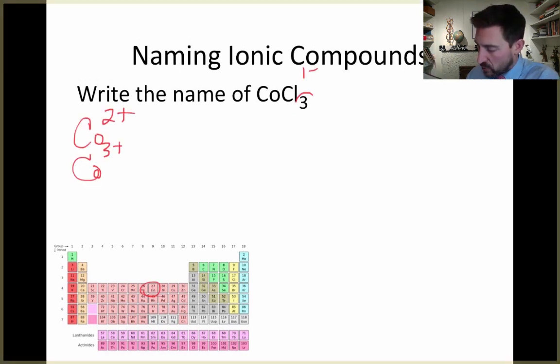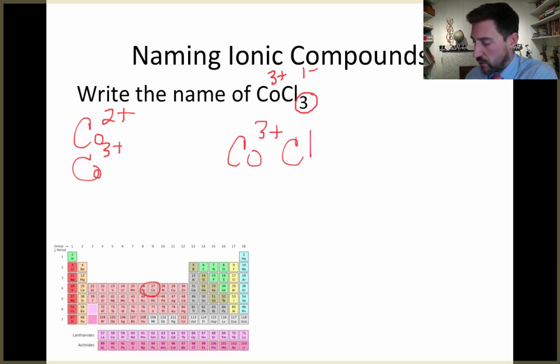If I needed 3 chlorines, that would make 3 negatives, which means this cobalt must have had a positive 3 charge, right? Because 3 negative chlorines would be 3 negatives, and I had it evened out. So I've got to have cobalt with a 3 plus, and chlorine always has a 1 minus.